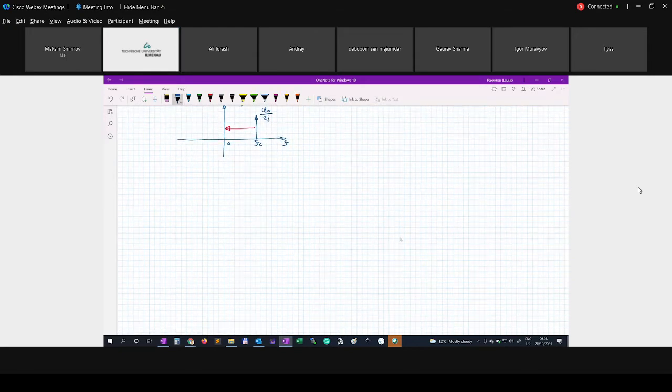So then we get a delta pulse at the origin, at 0. This is our delta pulse, and it has magnitude U0 over 2j.